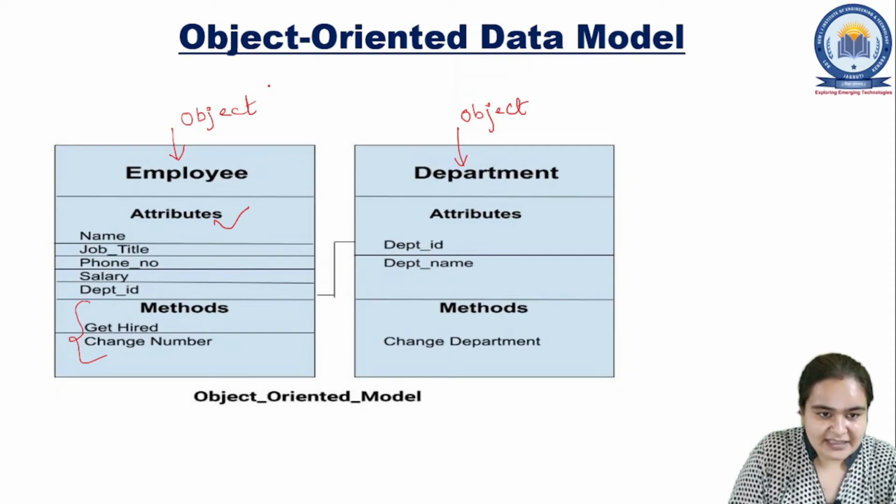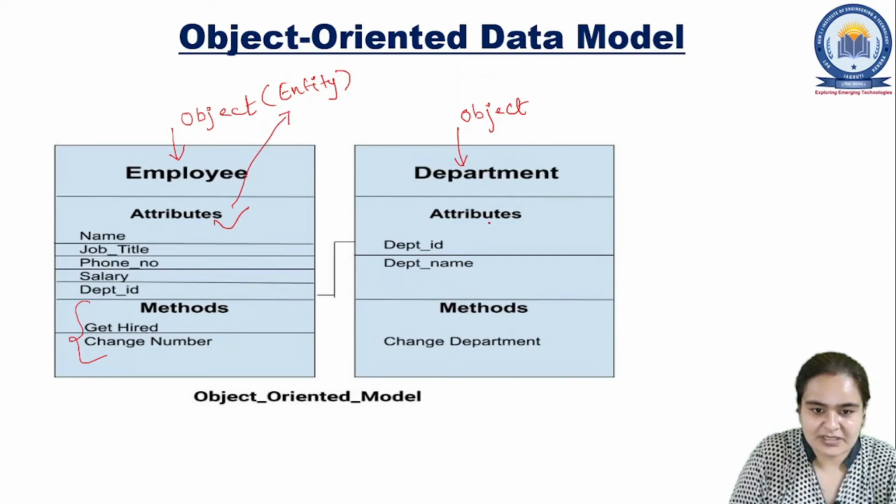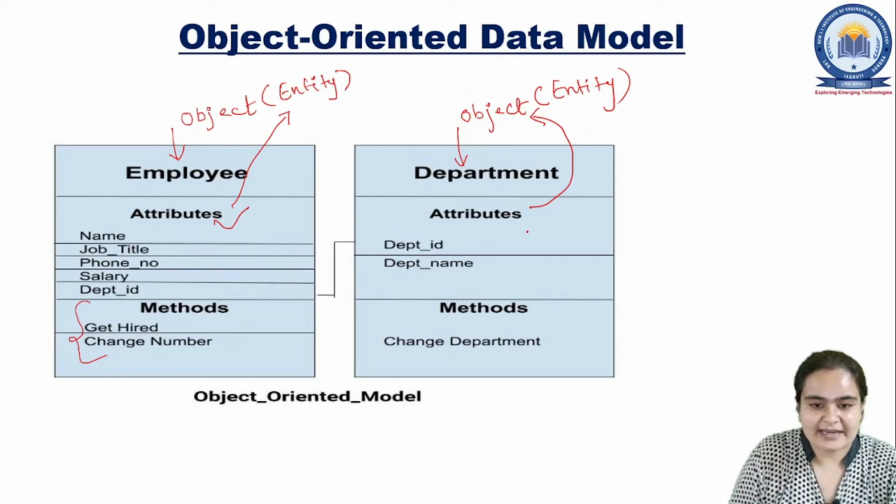In the relational database, this is called an entity, which comprises some set of attributes, and this object is also an entity related to the other by some relationship, characterized by a set of attributes.